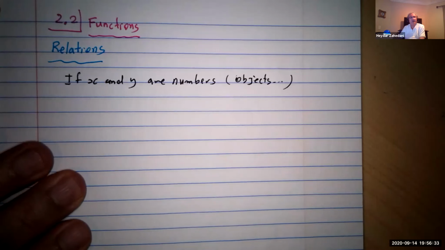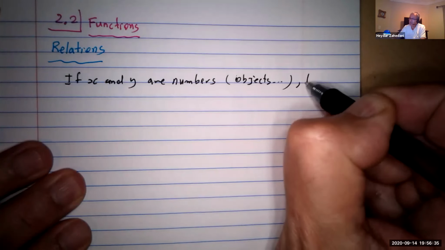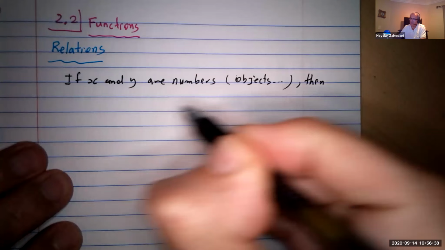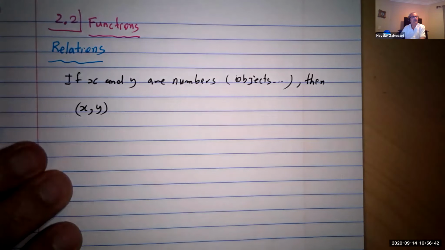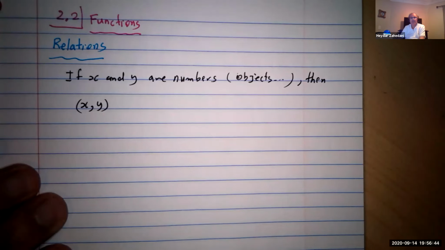If x and y are numbers, then if you write x first, followed by y, as a point, this is going to be called an ordered pair.